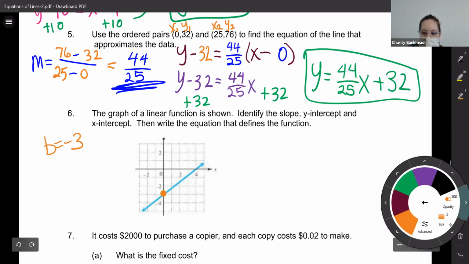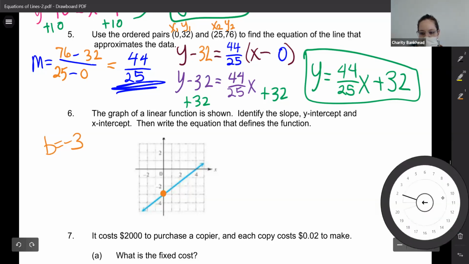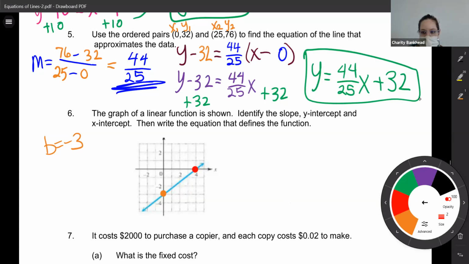And I can see the x-intercept looks like 4. And I can count out the slope. Going from left to right, I have to go up 3 and over 4. So the slope would be 3/4.